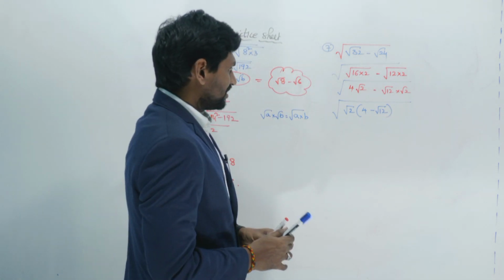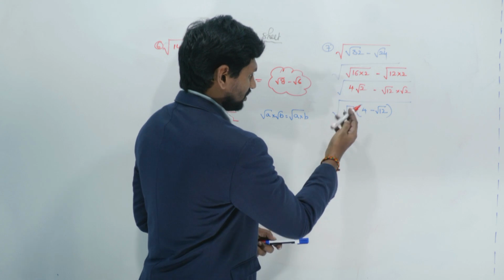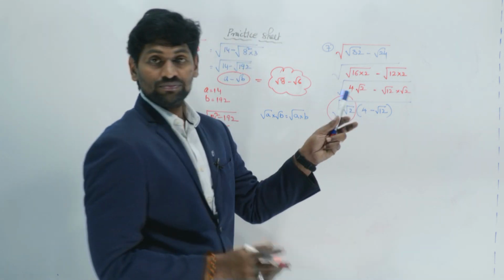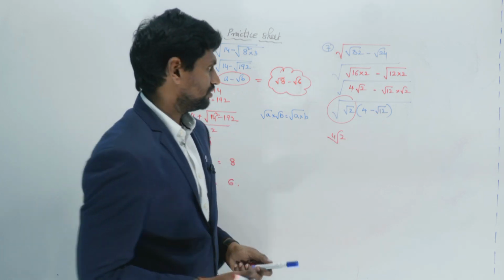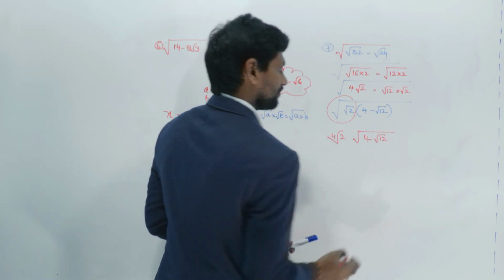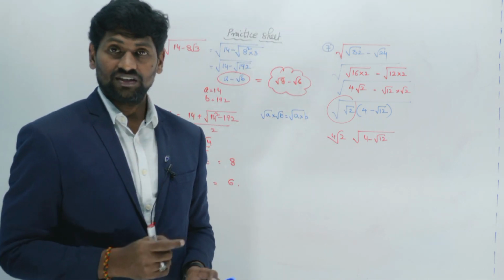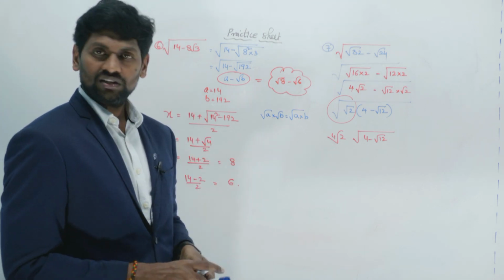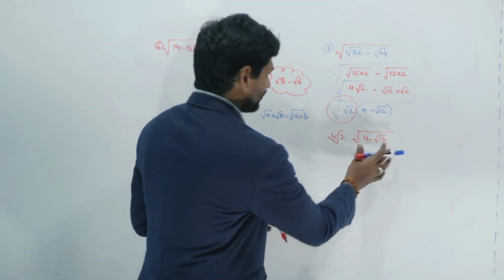Now observe here, root over root 2 is nothing but 4th root 2. Two times square root is applied, so it means 4th root 2. And this one is root over 4 minus root 12. Let us try to simplify that. Okay? So it is again in the form of this one.